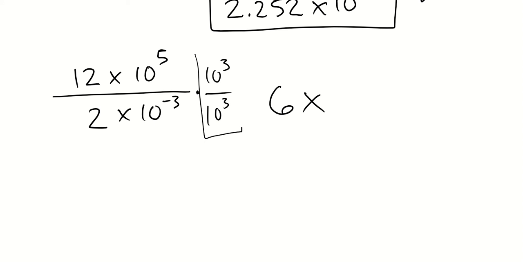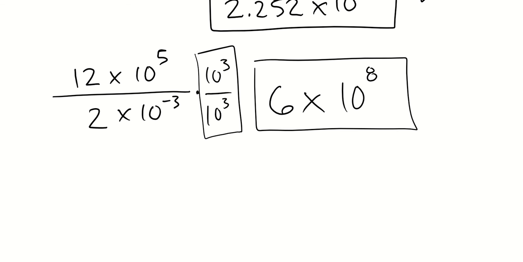I can multiply by this giant 1, and if I do that, I end up getting 6 times 10 raised to the 8th power. So if I divide 12 times 10 to the 5th by 2 times 10 to the negative third, I end up getting 6 times 10 to the eighth.